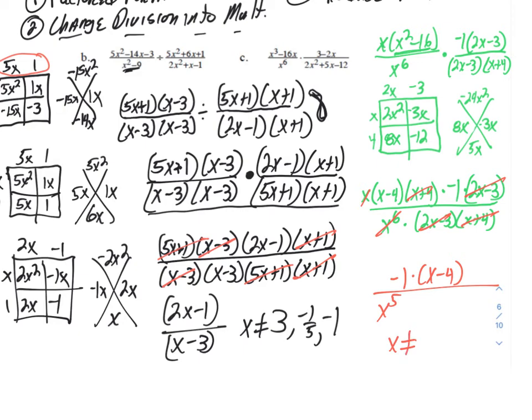Go back to the original problem, right here. X cannot be 0. That comes from that statement. And then from over here, x cannot be 3/2 or a negative 4. Advance to the next slide.